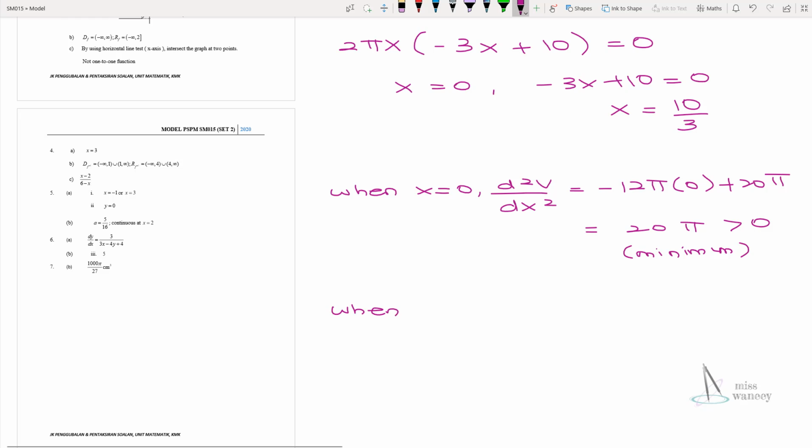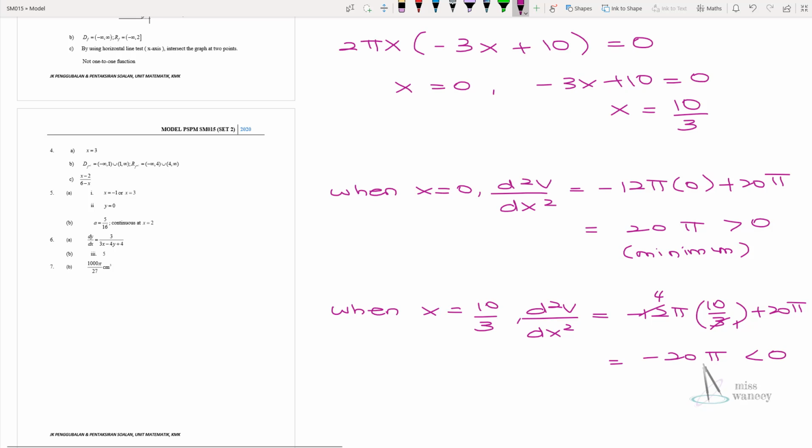So when x is equal to 10 over 3, we got d2v over dx squared equal to negative 12 pi 10 over 3 plus with 20 pi. So this is 4, this is 1, so negative 40, positive 20, so this is negative 20 pi, which is less than 0. So this is the value that can give me a maximum.